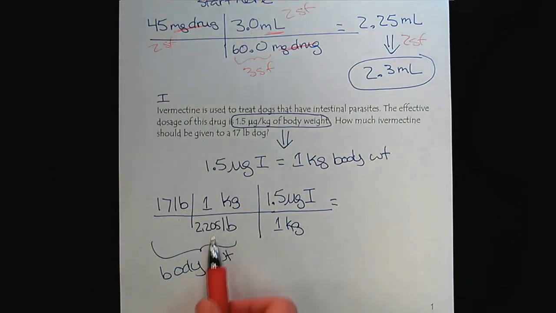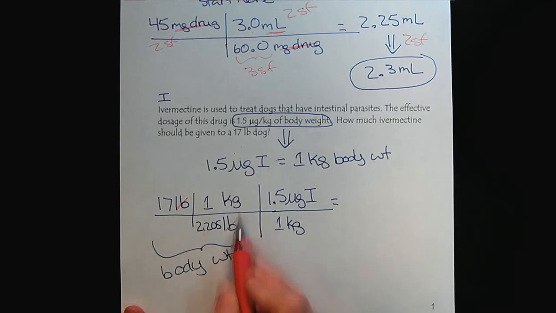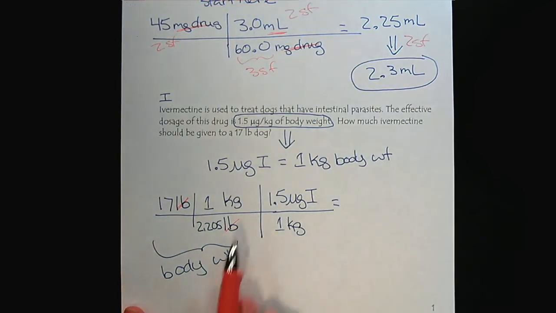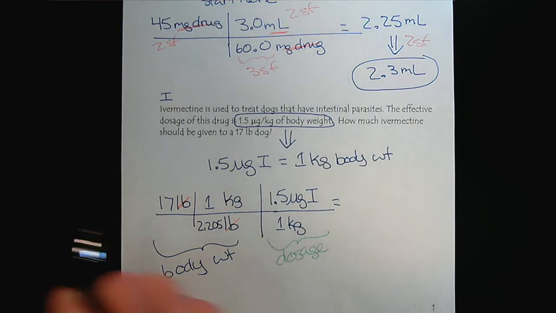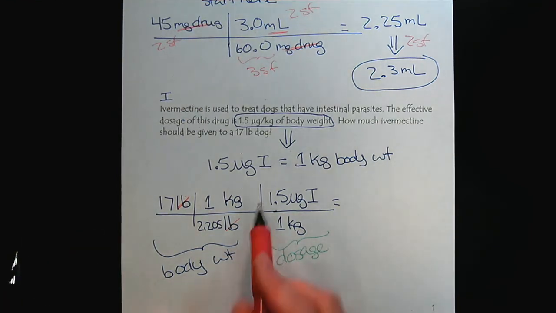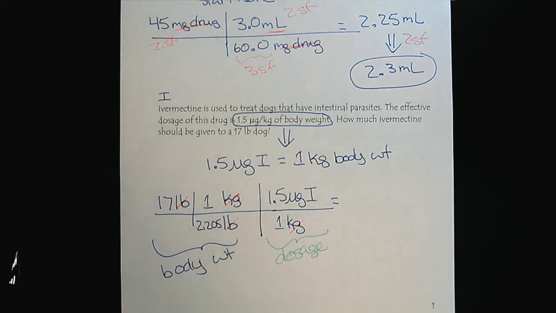The actual values here are important to do the calculation, but it's important to note that the units are what guided us. We were given pounds, and we're like, that's not going to help. So we converted those pounds into kilograms. Once we had the body weight in kilograms, then we could apply the dosage. And so then we could convert those kilograms of body weight into micrograms of the drug.